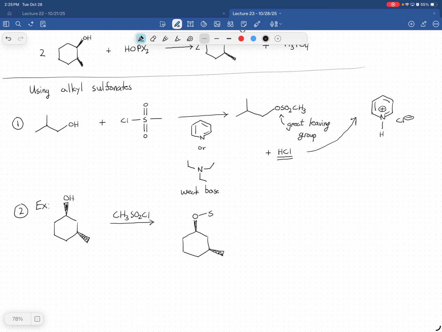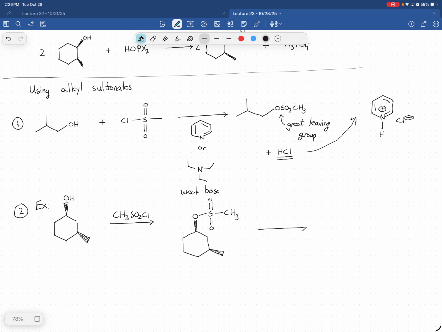S, O, O, CH3. So notice here, this didn't affect the stereochemistry at all, because the carbon is not being approached.